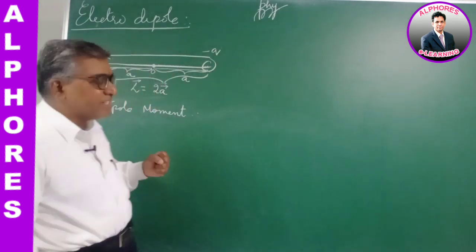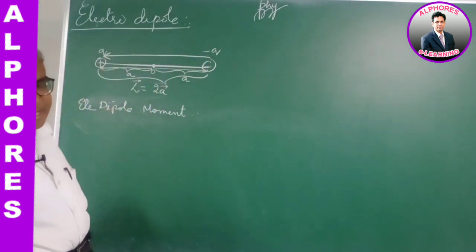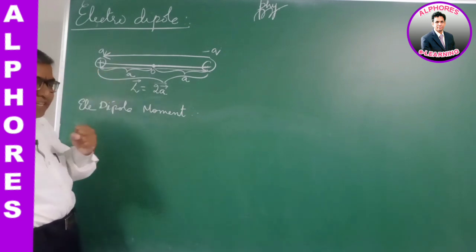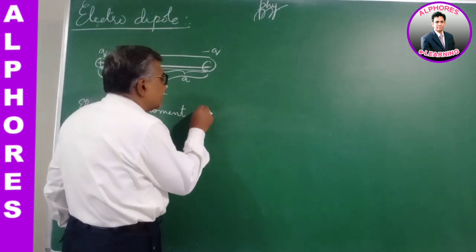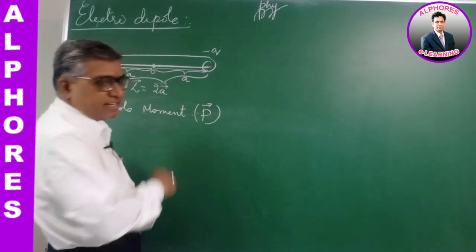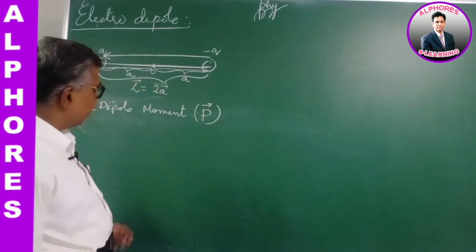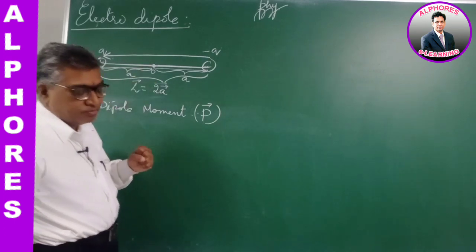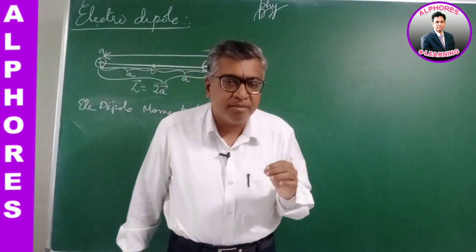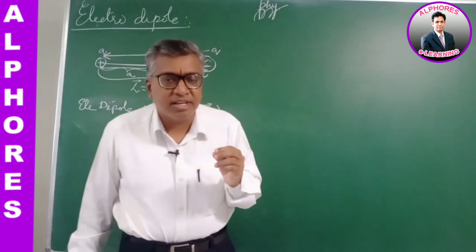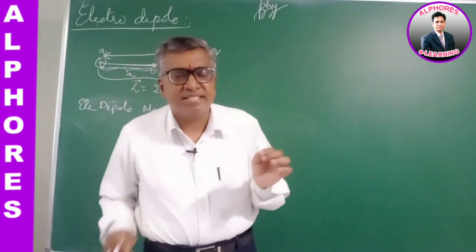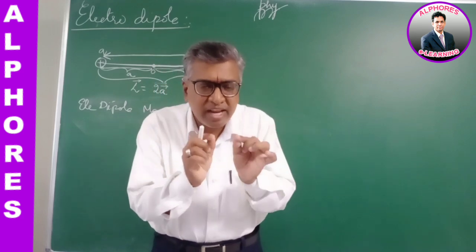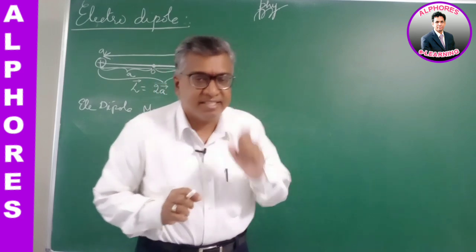The measure of the turning effect, the strength of the dipole, is given by the electric dipole moment, represented as P bar. This is the strength of a dipole. So a dipole is a system of two equal and opposite charges separated by a small, fixed distance.